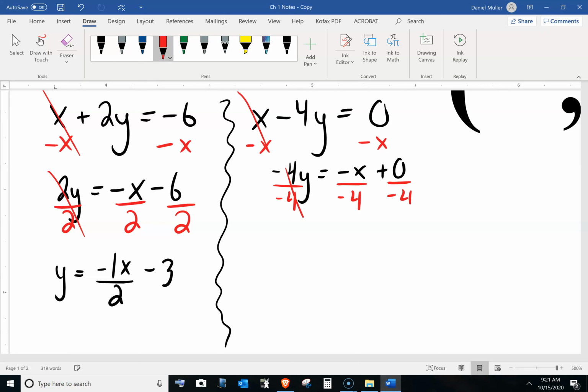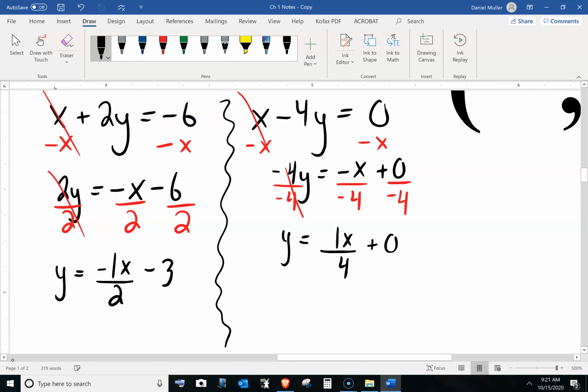So those are gone, leaving me with just a y. And here there's a -1x over a -4, and because they're both negatives, they will cancel out and make it just a positive. So those are gone. And then 0 over 4, 0 over anything is still 0. So it can be plus 0 or minus 0. We just typically write plus.